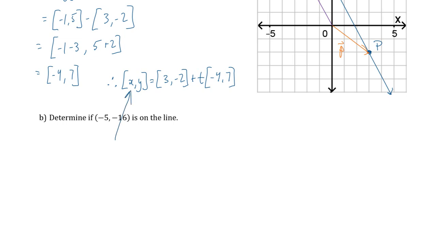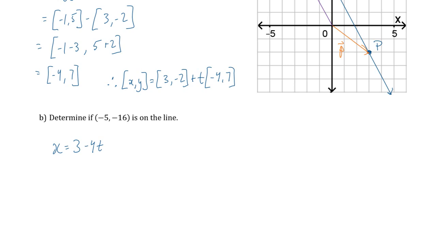How do I find the x value? The x value will be the x part of the position vector and the x part of the direction vector. That's what gives me the x value of the resultant vector.